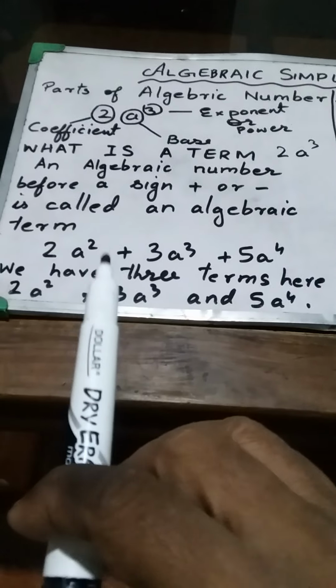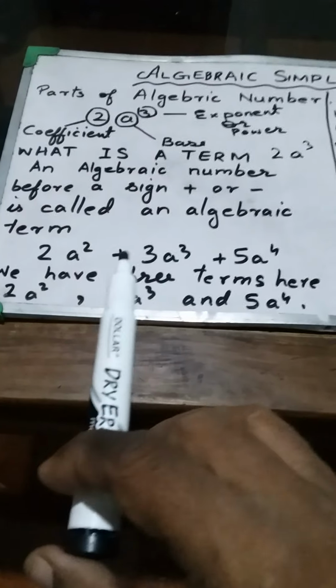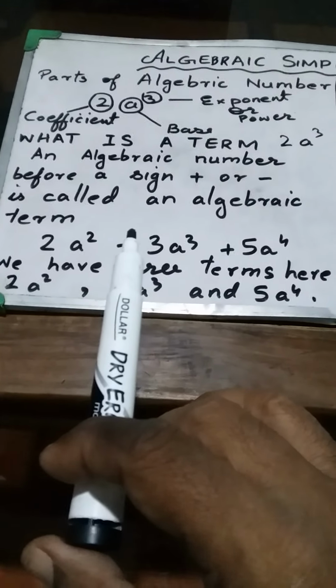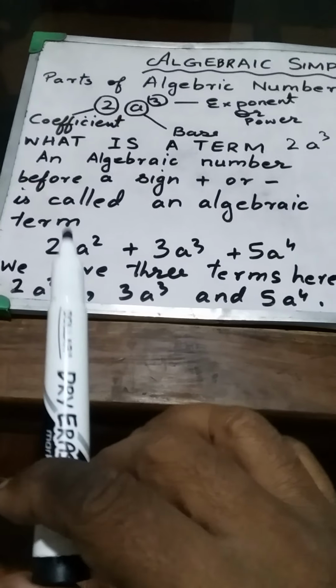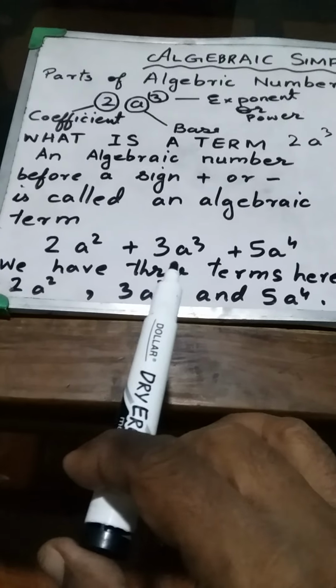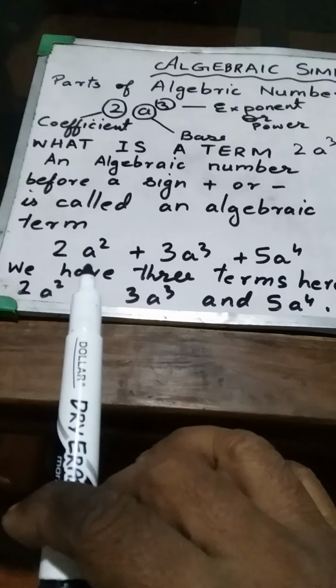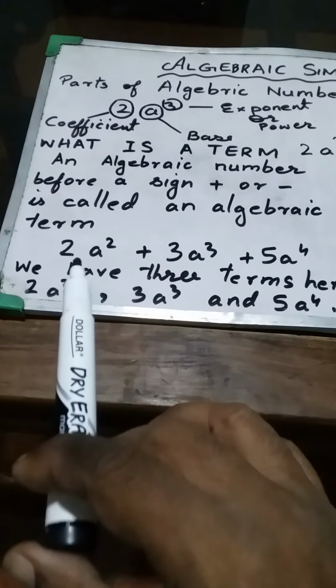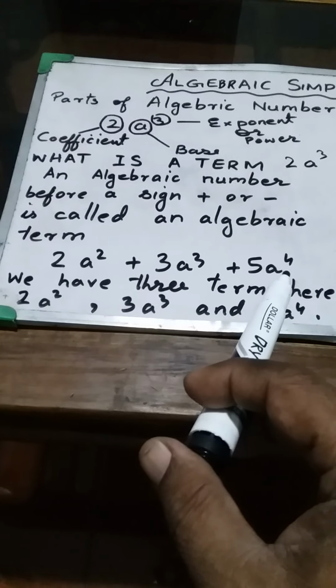To add and subtract, we should have the same base and the same power. When two terms have the same base and same power, they are called like terms. So all these terms are unlike, so they cannot be added.